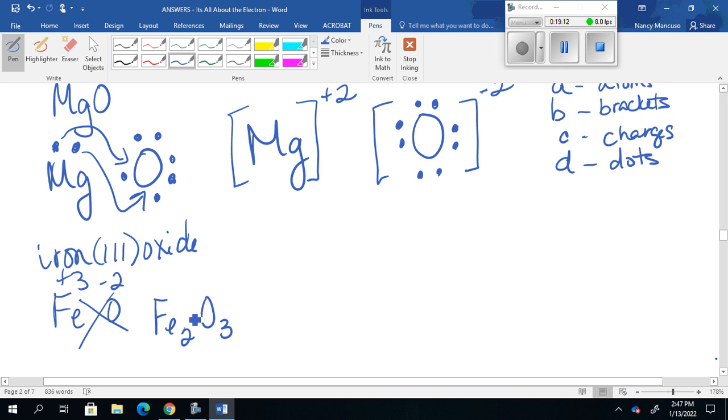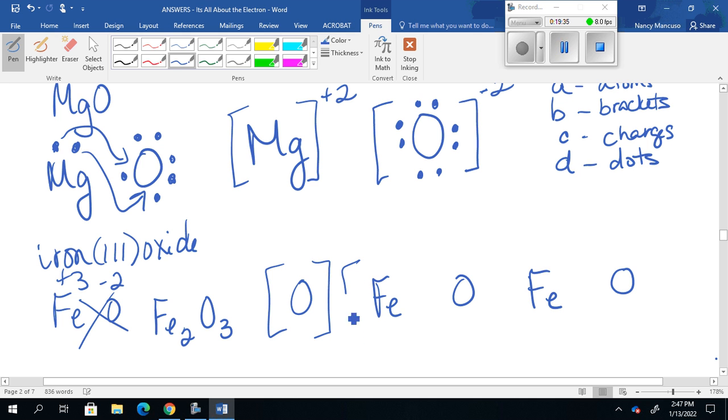Okay, atoms. First thing I need are 2 irons and 3 oxygens. So 2 irons, 3 oxygens. Just like when you did your particle diagrams, separate out the atoms so that no atoms with the same charge, or now they're ions with the same charge, are next to each other. So that's my A.